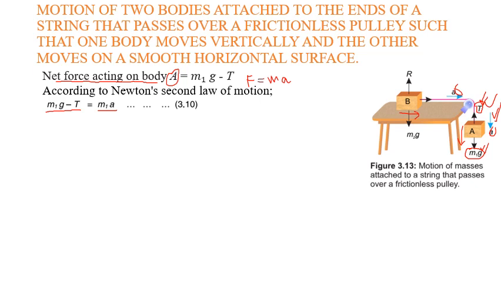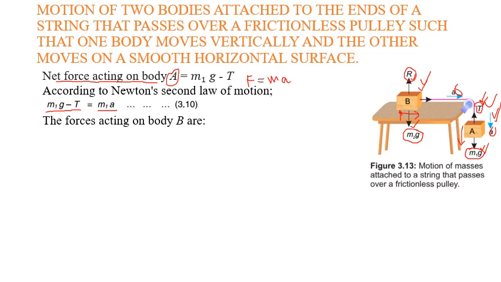Similarly, if we look at body B, we are also trying to find the net force acting on the second body. Over here there are actually three forces acting on the body. One is weight, one is the reaction which will be applied by this table, and this is the tension, right? So three forces are acting on the body. Now if we remind ourselves of Newton's third law, every action has an equal and opposite reaction.